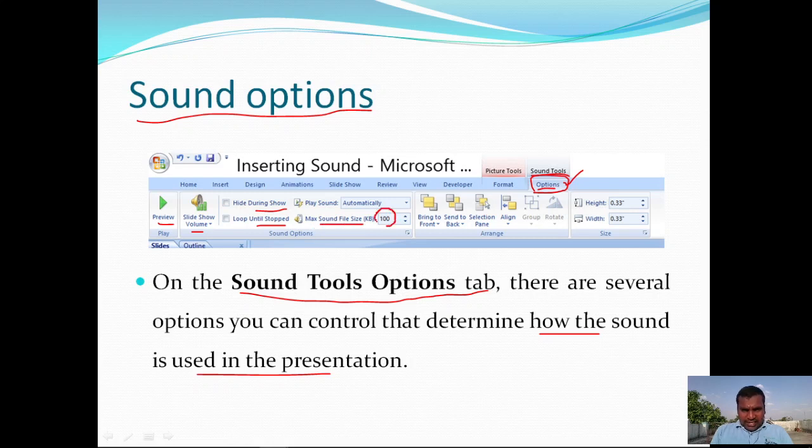If you choose 100, it means you can include a sound file whose maximum size is 100 KB. Play sound you can choose automatically or on click. Then bring to front, send to back, selection pane, align, and you can change the height and width of the sound icon. All these options are available and we are going to discuss them in further slides.